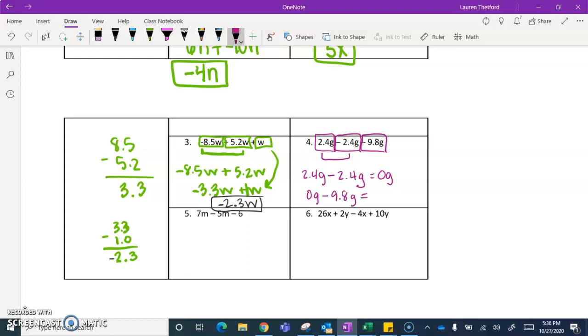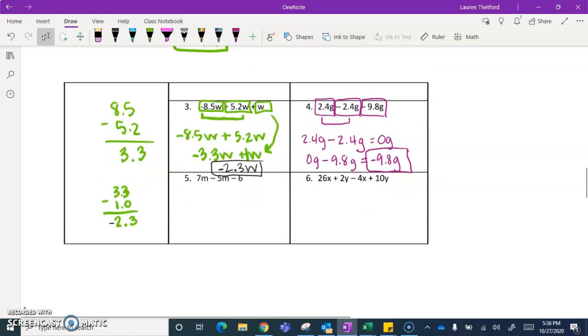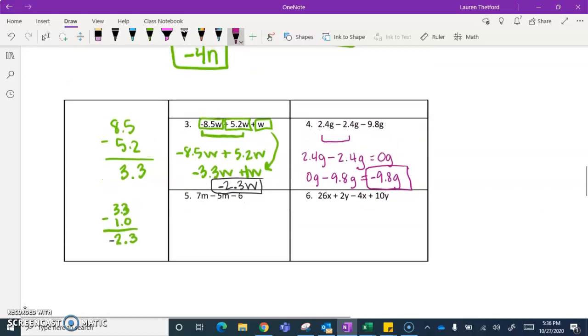These are different signs, so we subtract and keep the sign of our bigger number. 0 minus 9.8 is just going to be 9.8, and it's going to be negative. Then we keep our variable. So these two cancel out because 2.4 minus 2.4 is 0, and we're just left with negative 9.8G.